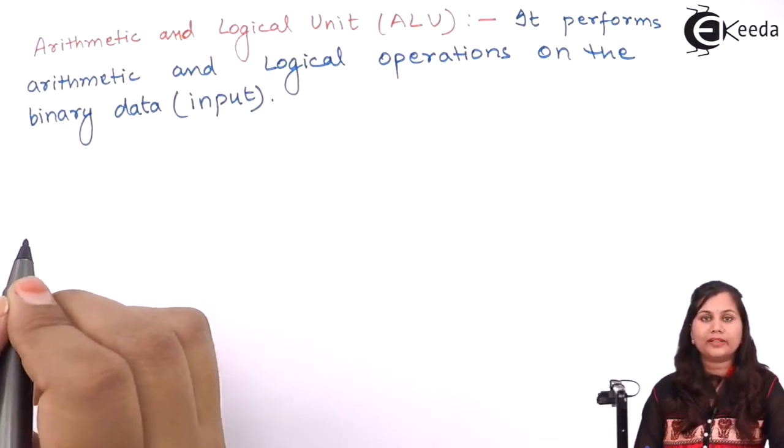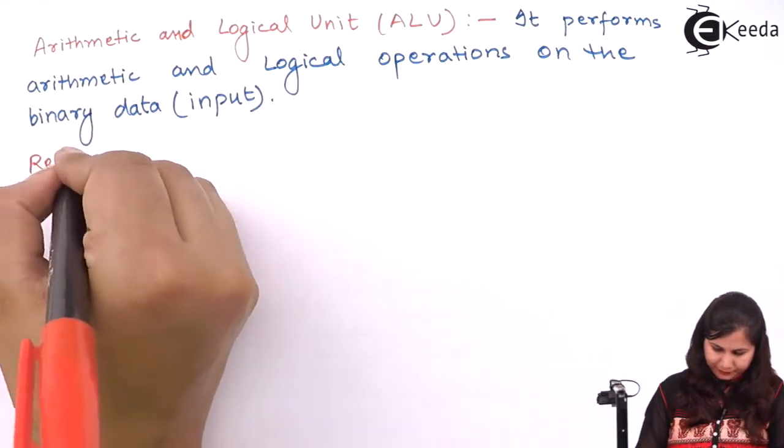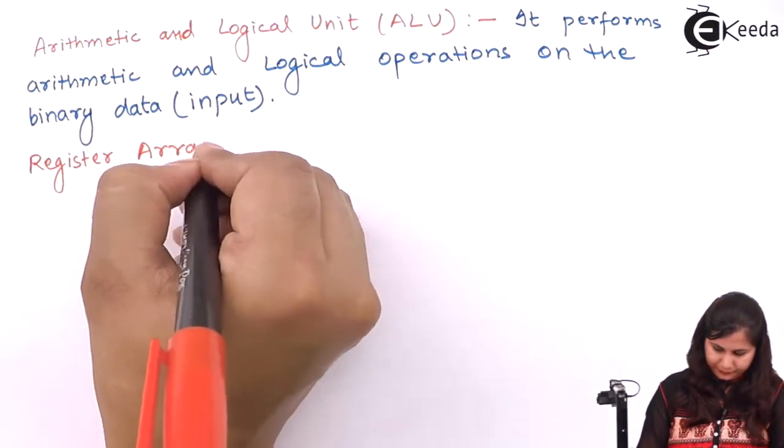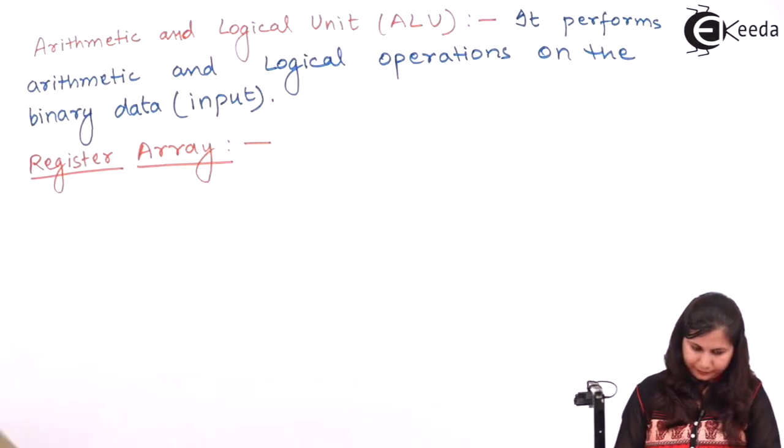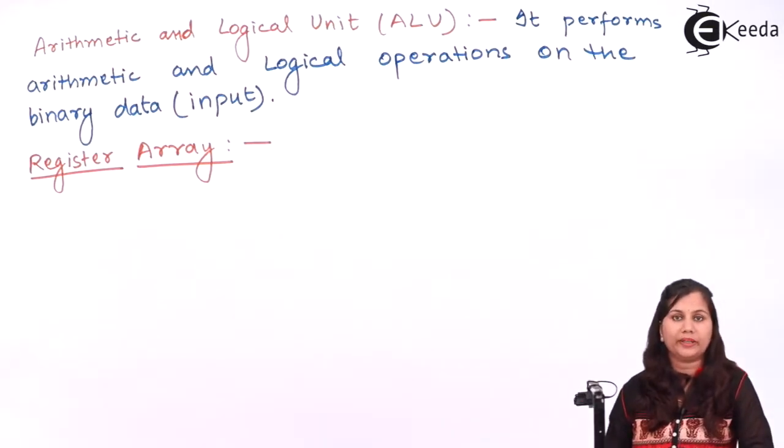The next component was the register array. The register array is used to hold or store the intermediate data or the intermediate results when certain operations are going on.